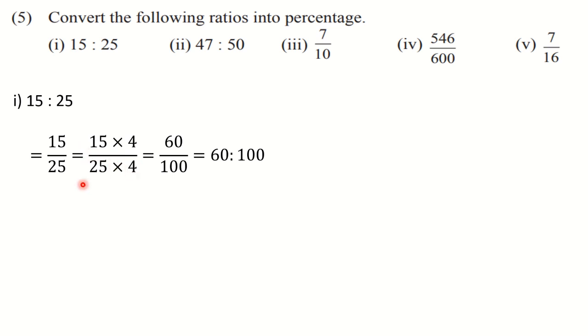Okay, so both the places at numerator as well as at denominator we have to multiply by 4. So from this 15 fours are 60 and 25 fours are 100. The second term is 100. That means it's a percentage, that is 60 upon 100, which we write as 60%. Correct? This is one method.